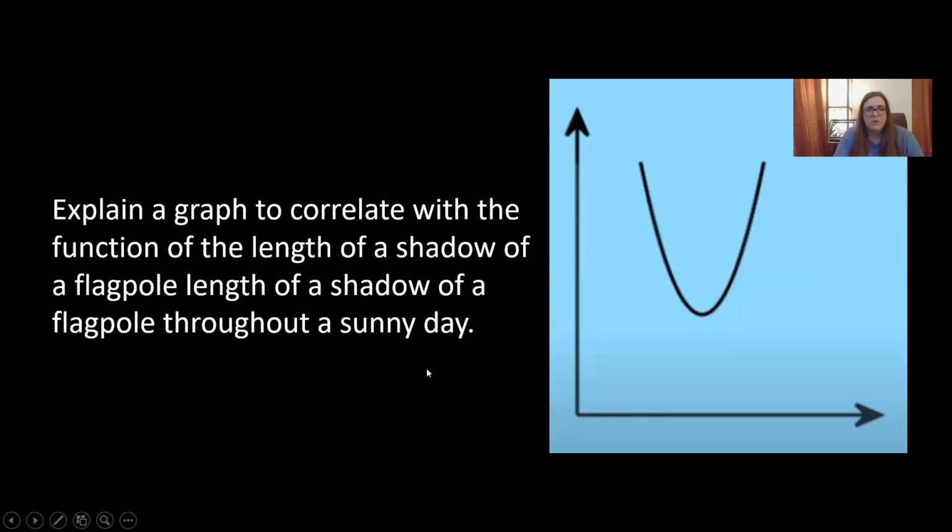Here we have a graph to correlate with the function of the length of a shadow of a flagpole throughout a sunny day. So this one kind of looked weird, but if you look at it, the shade is at its longest in the morning, right here. So this is the length of the shadow on this axis.